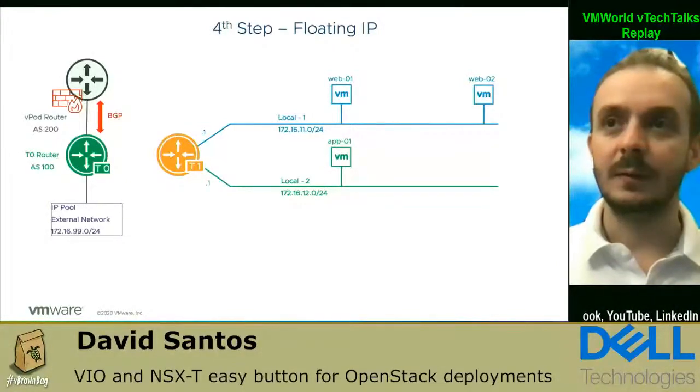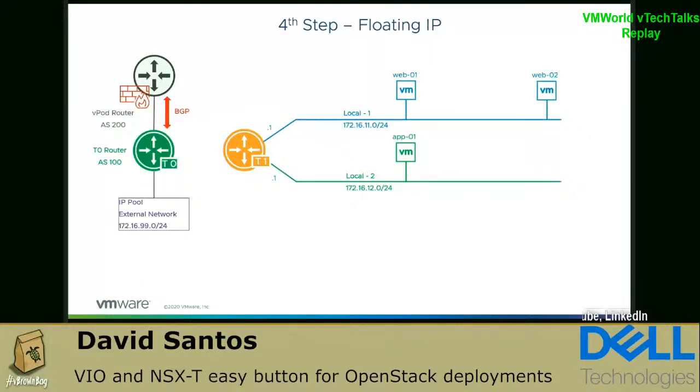The fourth step is the floating IP. The floating IP will be done by connecting that T1 to our T0. Actually, we're going to connect that T1 to the external network. That's what is shown on the VIO console, and it will distribute the floating IPs that we assign to the VMs here.